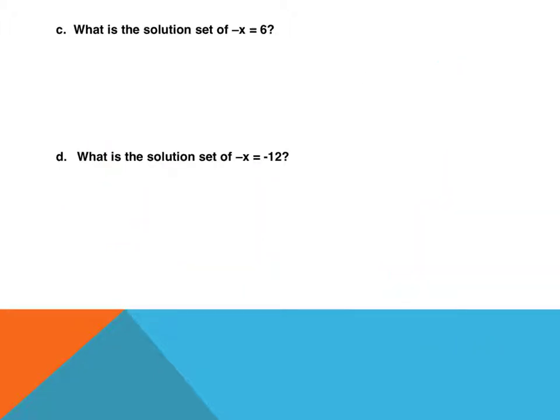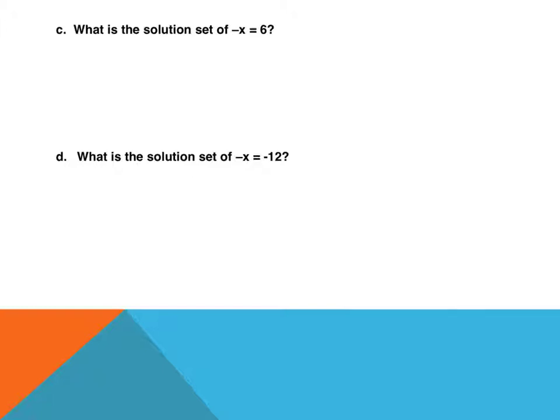C and D are looking at if you get a negative variable instead of a positive variable. Now, in this section, the book is just saying if negative x is 6, we can just find the opposite. In the next section, I'll show you mathematically why that works.